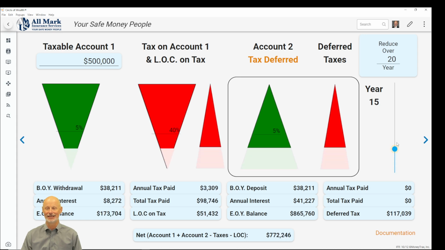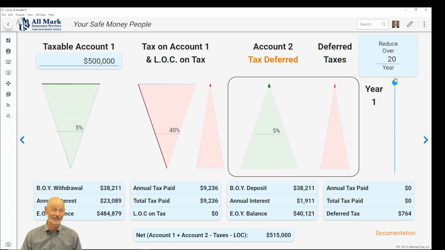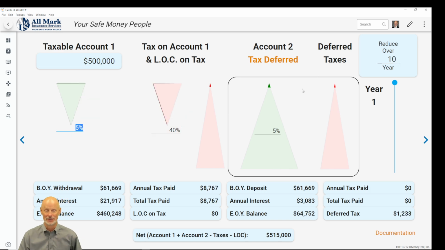So let's go back, let's just rewind the clock a little bit. What if, instead of taking 20 years to move that money over into, let's say, tax deferred, we did it over a 10-year period of time? So now in 10 years, we're going to reduce our taxable money and get it into tax deferred and/or tax free or tax favored.